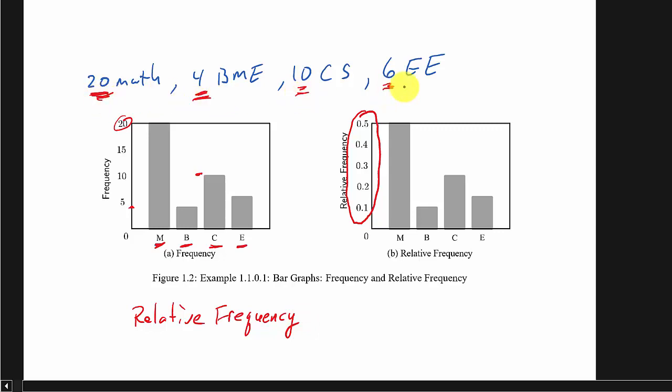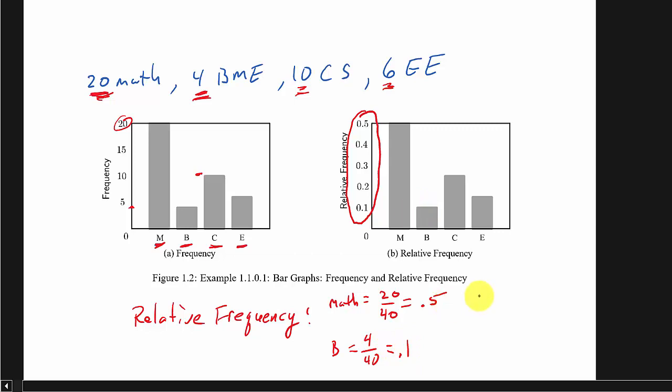So the relative frequency for math is going to be the number of students in math divided by the total, which is 0.5. And you can see this graph here goes to 0.5. So the biomed, that would be 4 over 40, which gives me 0.1, and that's what that goes up to.